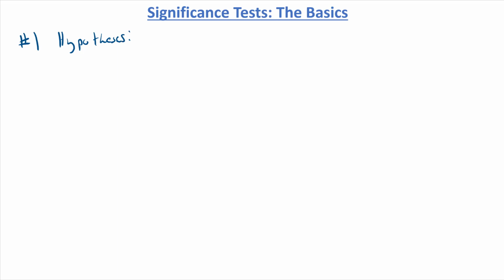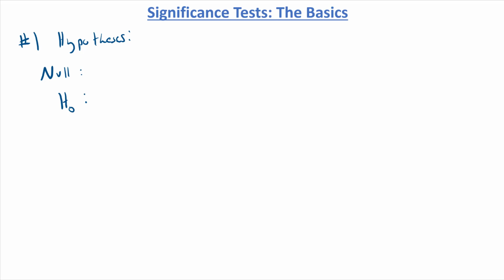Hypotheses, okay? So we've got our null hypothesis. Your null is going to be notated by H subscript 0, right? Now, for your null, as we've talked about with our confidence intervals and everything else, we've dealt with proportions and means.